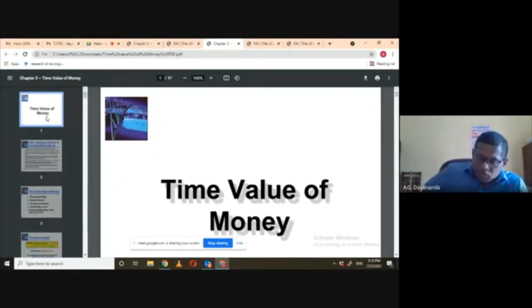Then we talked about the present value of a lump sum, a single amount, and also the future value of a single amount.